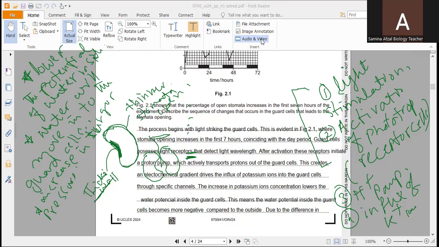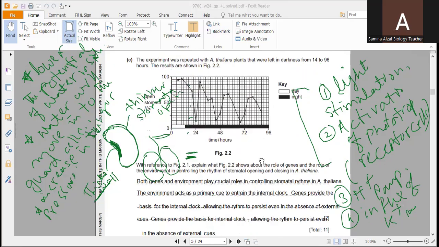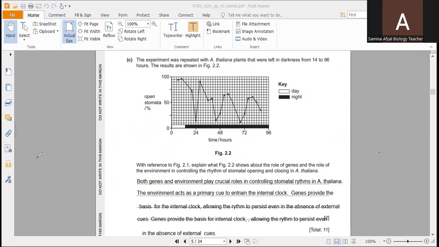Now we are moving towards the next question. The next question is: the experiment was repeated with A. thaliana plants that were left in darkness from 14 to 96 hours.